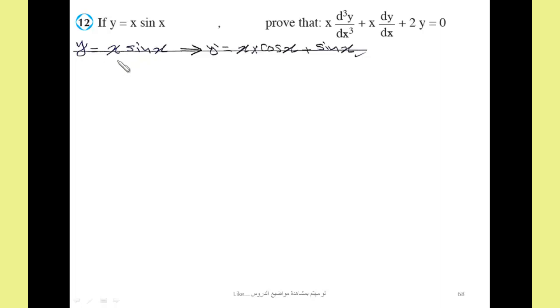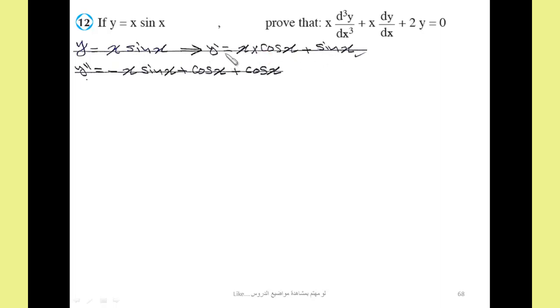We have the product of two functions, x multiplied by sine x. So y dash equals the first times the derivative of the second, the derivative of sine x is cosine x, plus the second function multiplied by the derivative of the first, multiplied by 1.